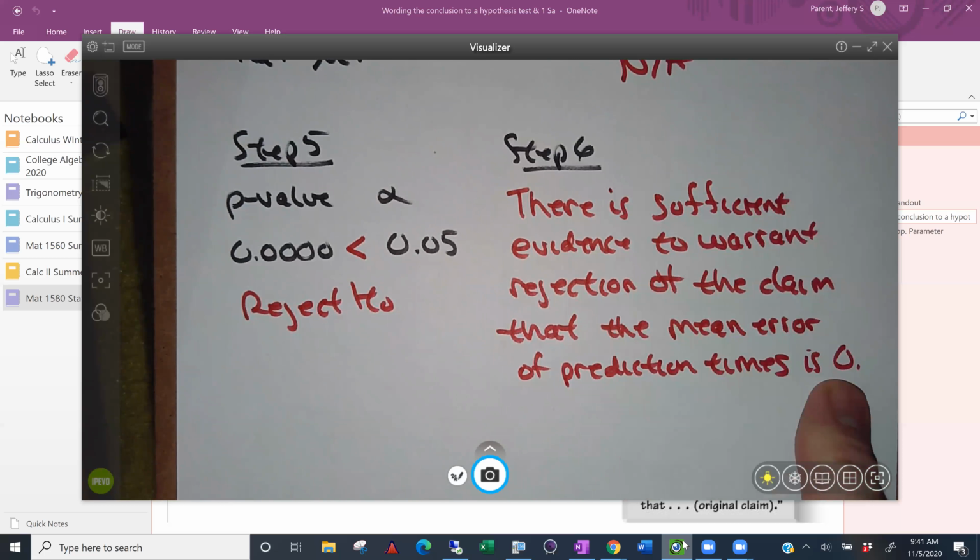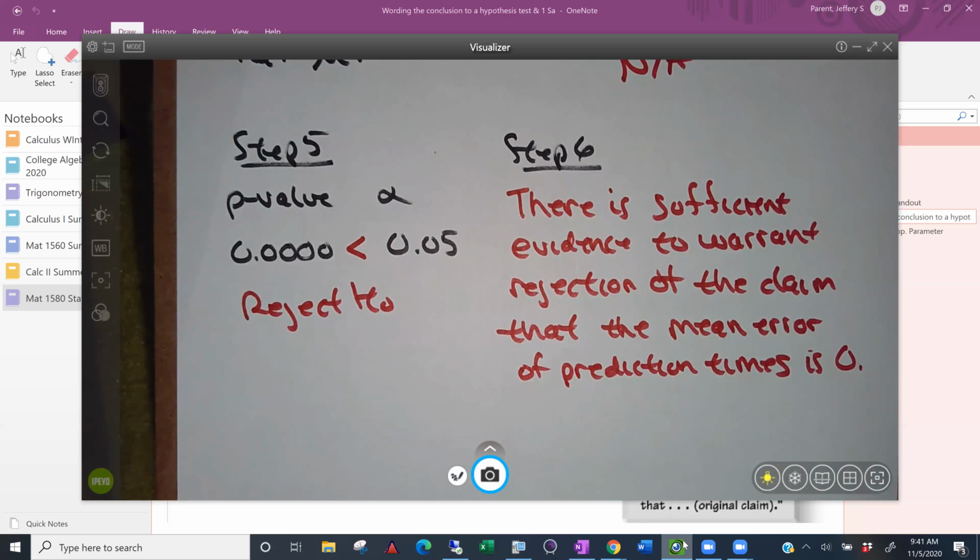Because if the mean prediction error was 0, that means sometimes they're below, sometimes they're above, but on average they're getting it right. That's not what's going on with the prediction times for Old Faithful. They're not getting it right on average. Now, where they're landing, we'd actually need the data to say. But there we go for that one.